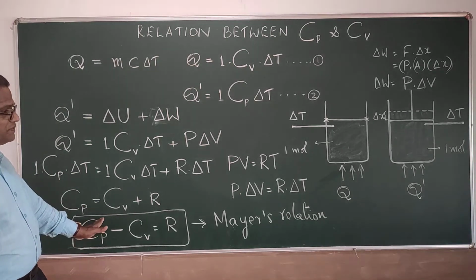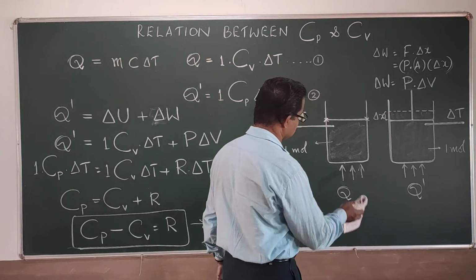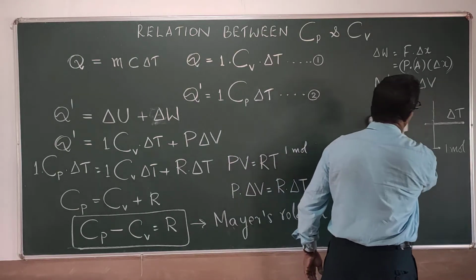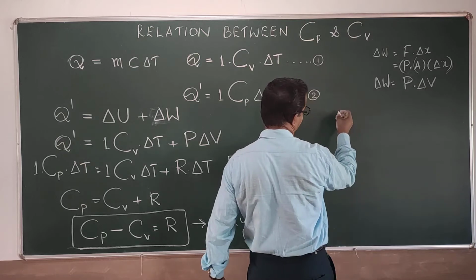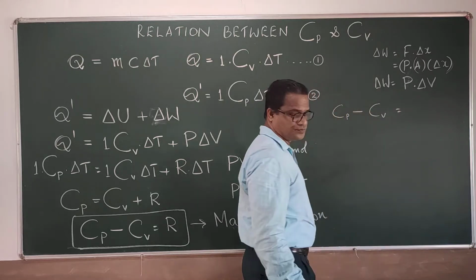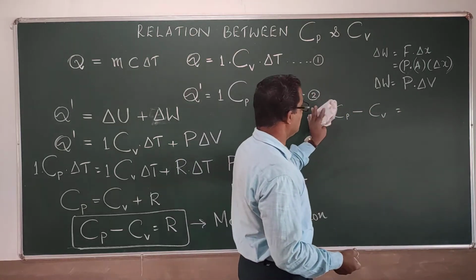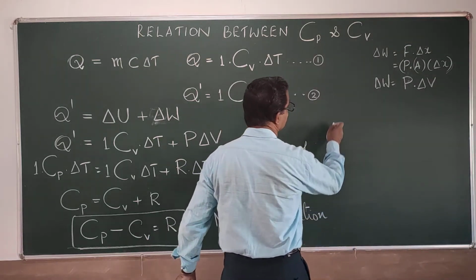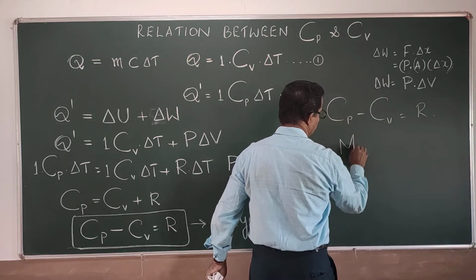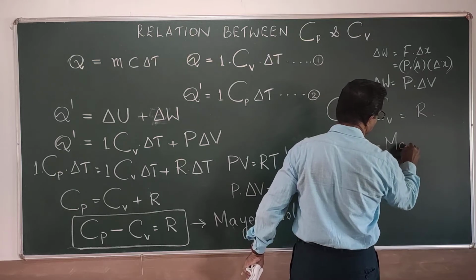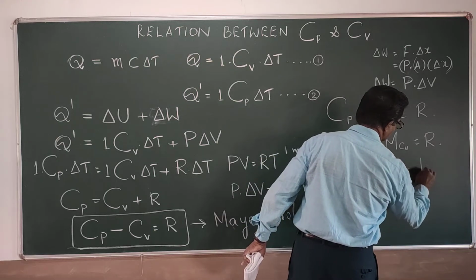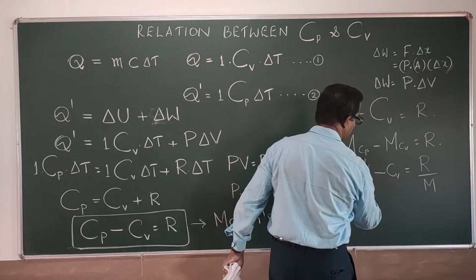To get that, let us consider Cp minus Cv equal to R, which is m into Cp minus m into Cv equal to capital R. Therefore, Cp minus Cv for the gas will be equal to R by m, R divided by molar mass.